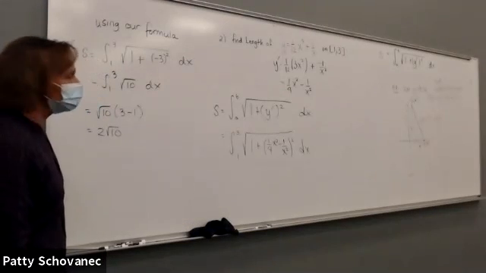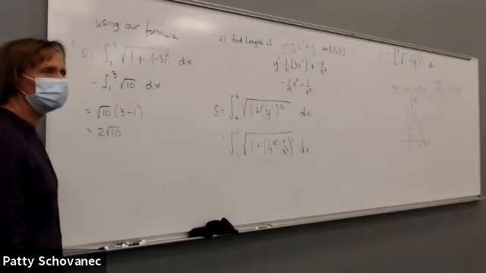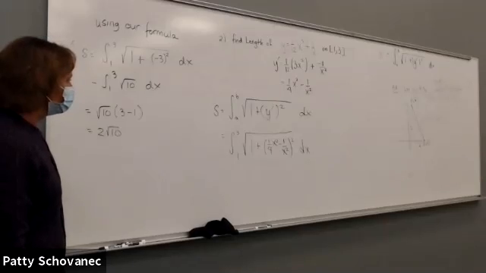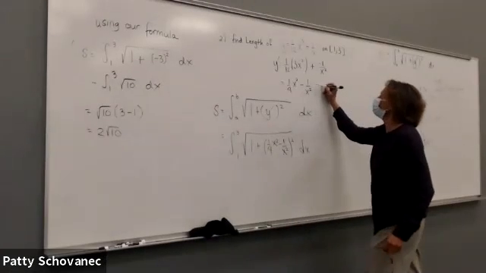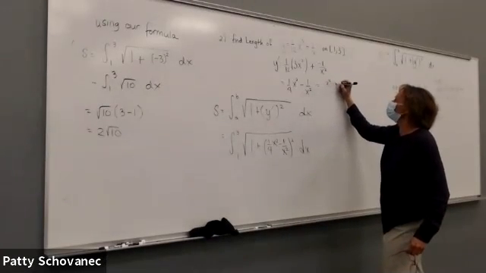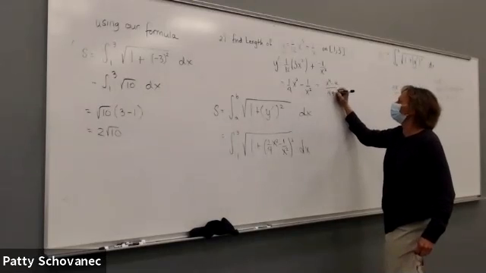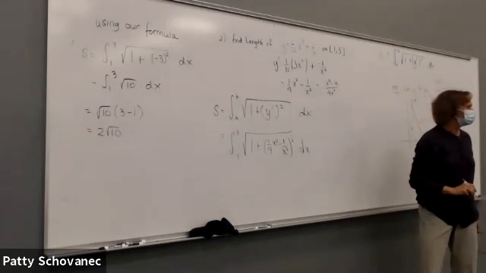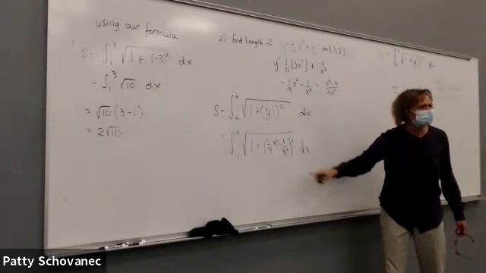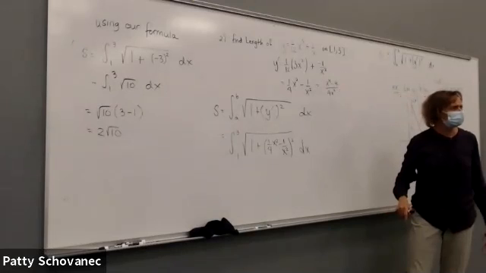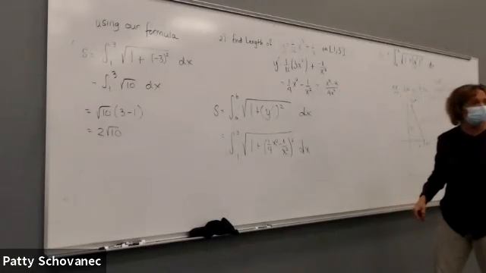It's possibly easier to square if we wrote that as a single fraction. So if I get a common denominator between those two, I can write that as x to the 4th minus 4 over 4x squared. So why don't we put that in here and square it that way? Is that any better? I don't know either.